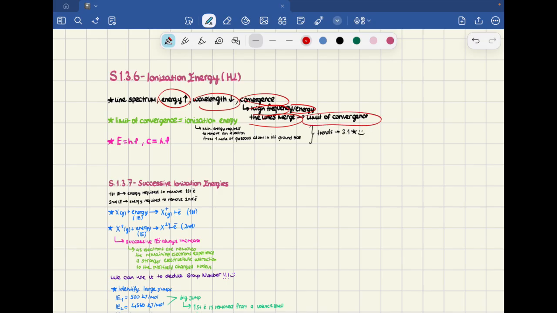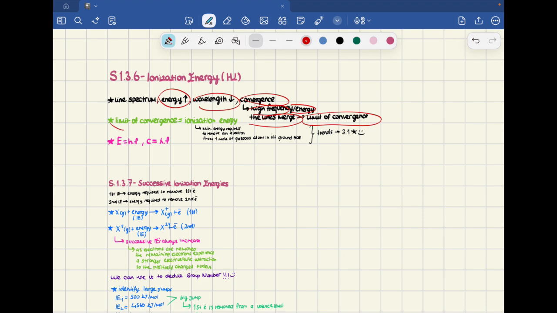Basically, it happens in the emission spectrum when the frequency of emitted photons increases and the spectral lines actually get closer together. And this is actually called convergence. So at highest frequencies, the lines merge into a continuum, and this marks the limit of convergence.